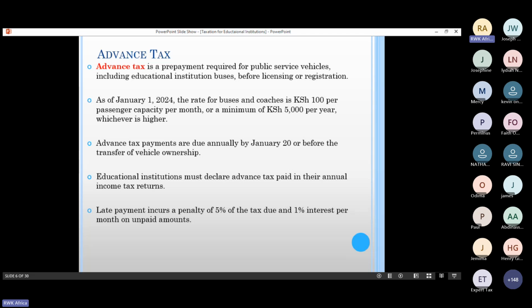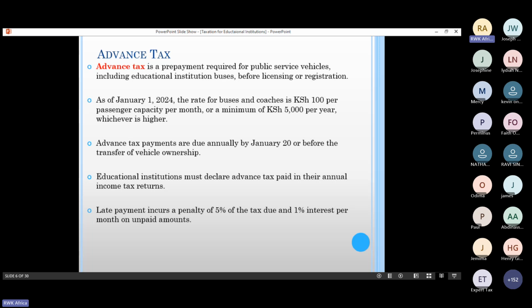Late payment incurs a penalty of 5% of the tax due and a 1% interest per month on any unpaid amount. Any taxes that we have carry penalties and interest for late payment. By being non-compliant, you are incurring additional cost to your business. We should avoid that so that we can minimize the costs in our businesses.